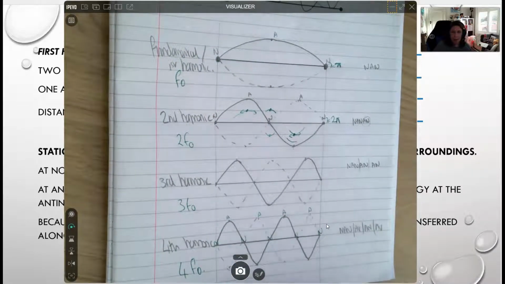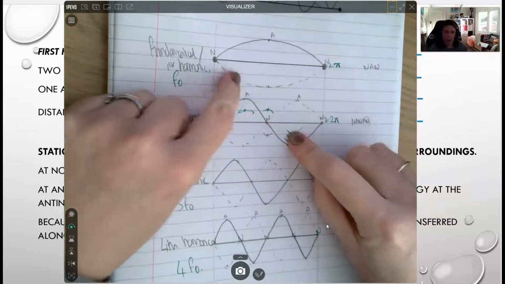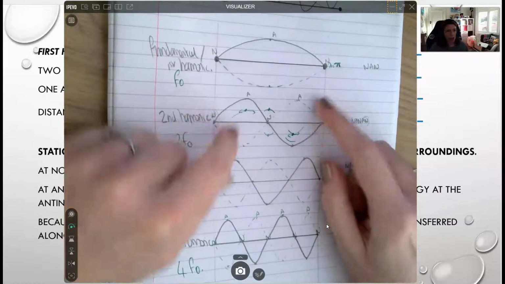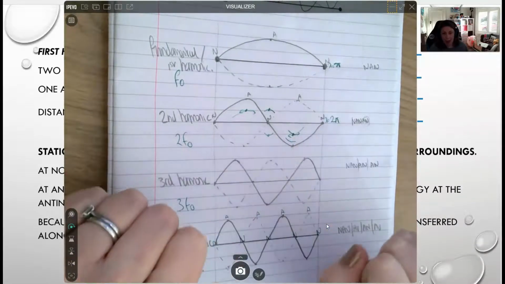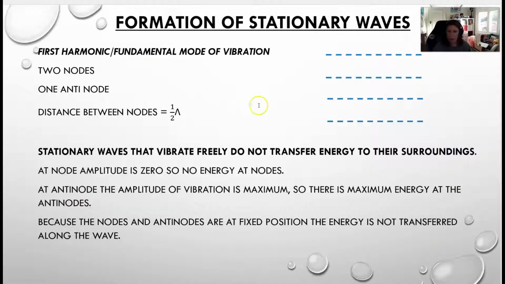So that's what's happening when you're creating these standing waves and the harmonics on the standing waves. You're getting some places where they're completely cancelling each other out, and you've got some places where they're reinforcing each other to create maximum amplitude. And then the bits in between. Okay. So I've just been through that here.